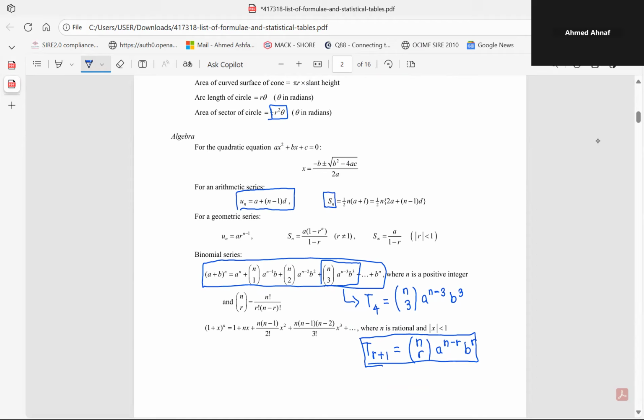So the first equation, where A again is the first term and L is the last term. But then we don't know what the last term is. They didn't give that to us directly in the question. So hence we're going to use the second formula in here. Half n times 2a plus n minus 1 times d.